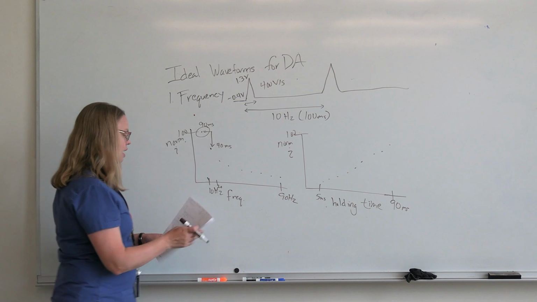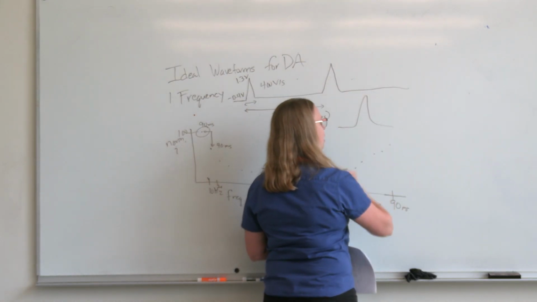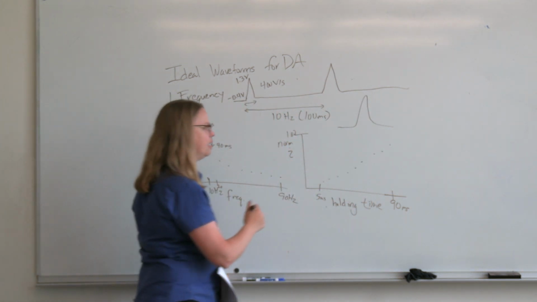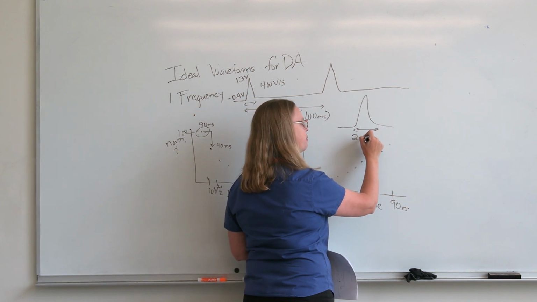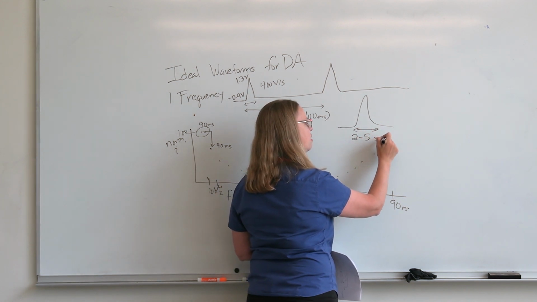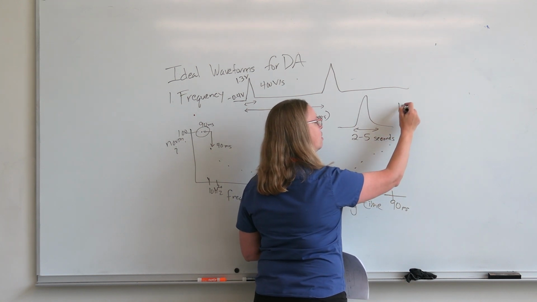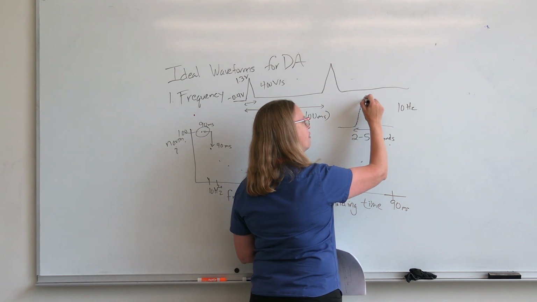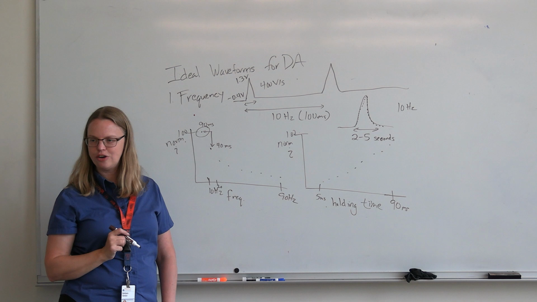And so the typical things that we're looking at in the brain, if this was supposed to be a curve that we're looking at in the brain, typically these transients are somewhere between 2 and 5 seconds long. And so when we go at 10 hertz, we're getting 10 points per second, so we're getting a fair amount of points to define that curve.